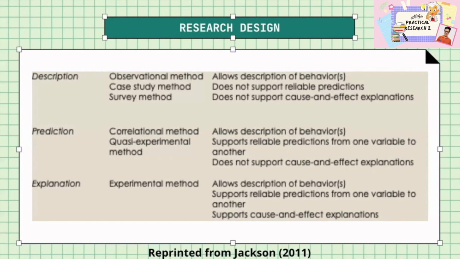While when we talk of the experimental method, if in the quasi-experimental method there is no control group, in the experimental method there is a control group, and there is also randomization of subjects or respondents.